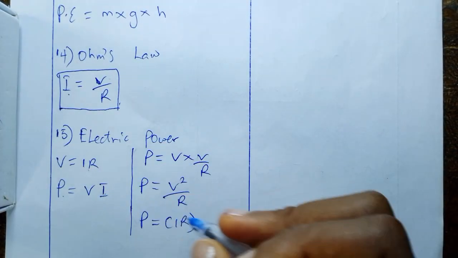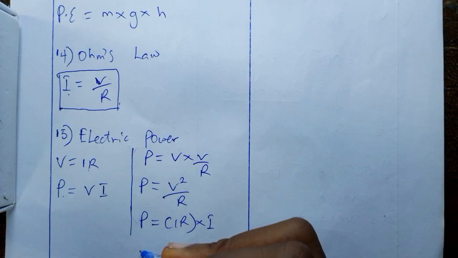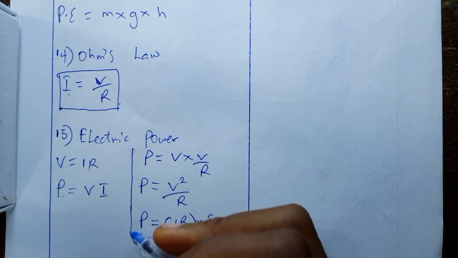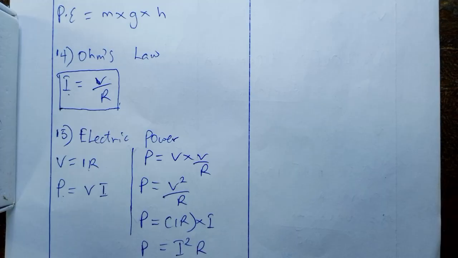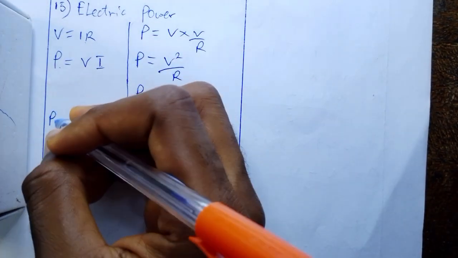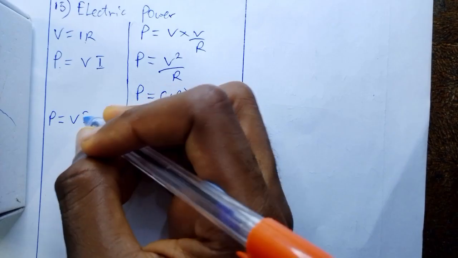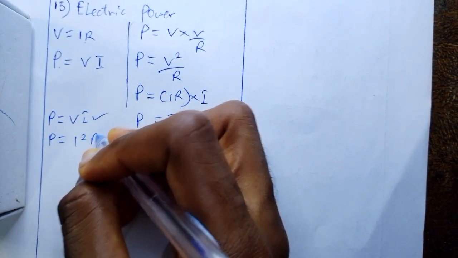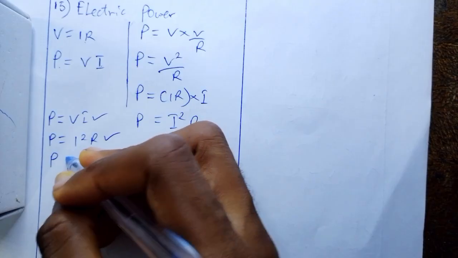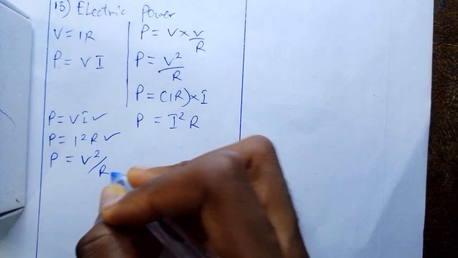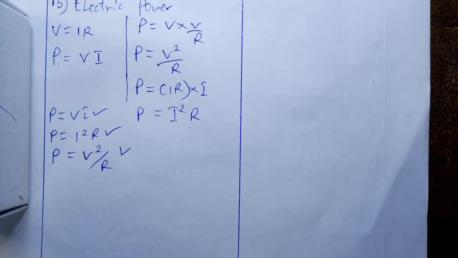So our power now is I square R. So therefore the formulas for electric power are VI, this is 1; P equals I square R, this is 2; and finally P equals V square over R, this is 3. These are the three formulas for electric power.